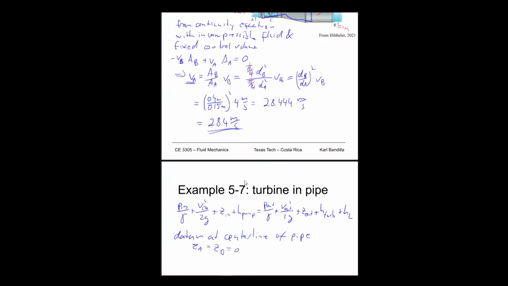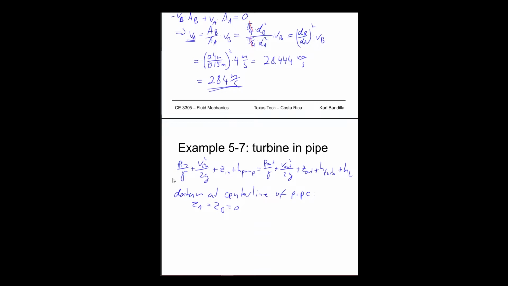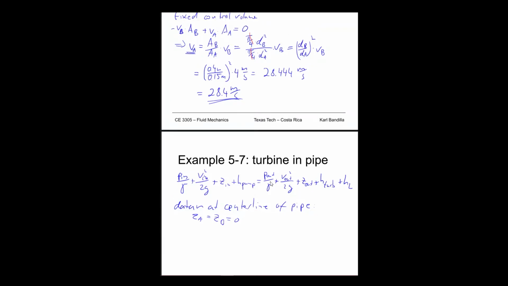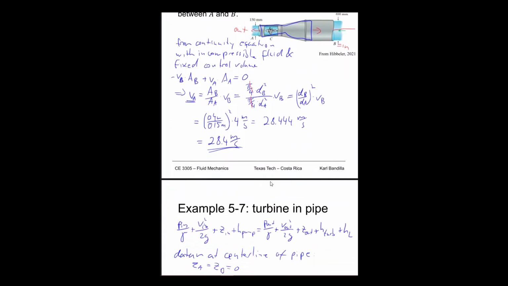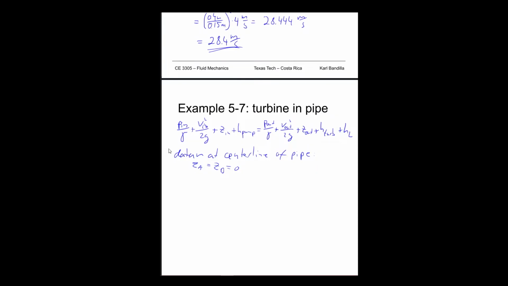All right, where is our equation here? We have the first three here, the first three there. That means we're now left with H pump. No pump, so that's 0. Let's write down no pump, which means H pump equal to 0.